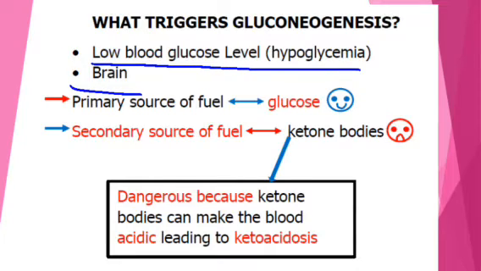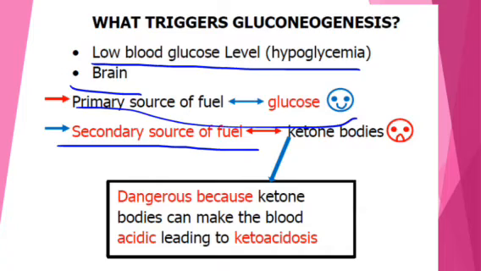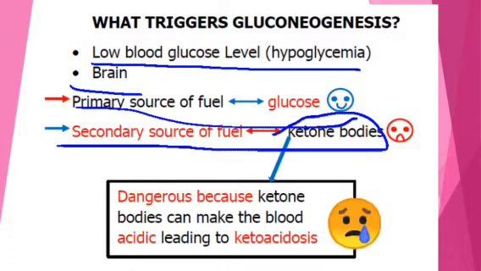Another reason is the brain. The brain's demand for glucose is high, and of course, we know that the primary source of fuel to the brain is glucose. So when there is no glucose supply, the brain seeks another alternative, which is the secondary source of fuel, ketone bodies. However, these ketone bodies are dangerous to the brain because they can make the blood acidic, leading to ketoacidosis.